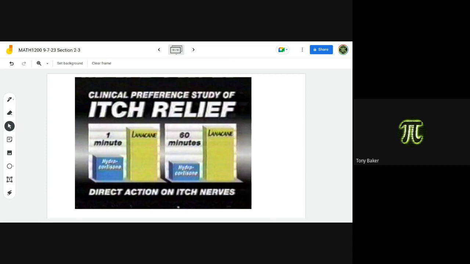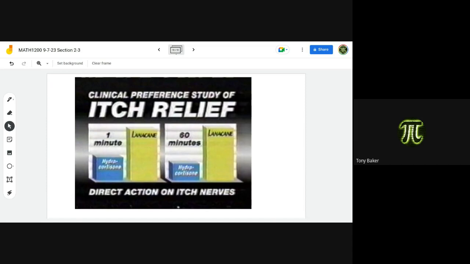But if you look at the bars, oh, lidocaine's better. Just look at the bars. Lidocaine's better. That's what they wanted you to see. And depending on how long this was on the screen, that's what you would have got. So I have no clue what it means.